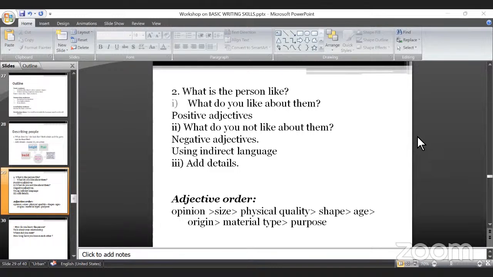Now, as we are talking about adjectives, there is another important thing here, the adjective order. A lot of you might know about it, but for those of you who do not understand adjective order, we can always club several adjectives together. When you write a sentence, we can use more than one adjective to talk about something.